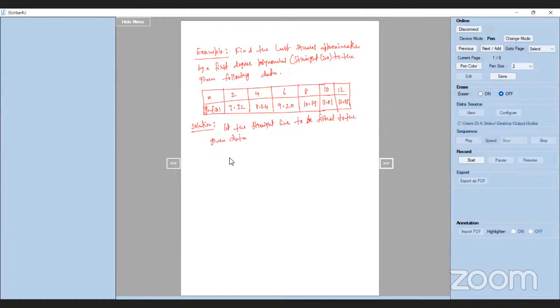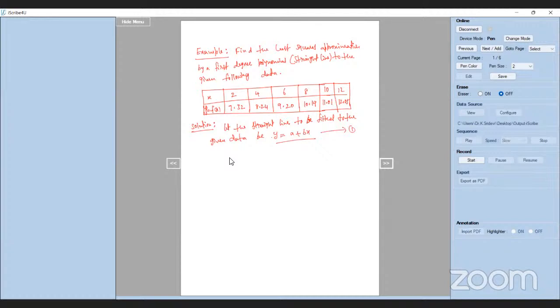We are assuming a straight line that fits the given data. So let us assume that the straight line is y is equal to a plus bx. So give equation number 1 for this.